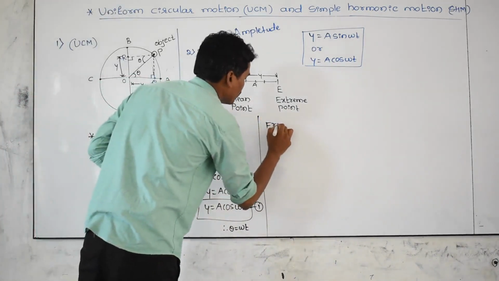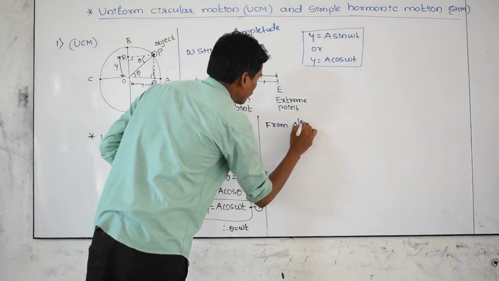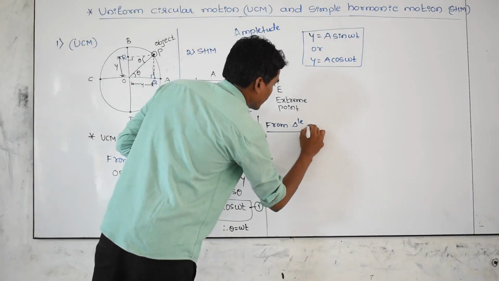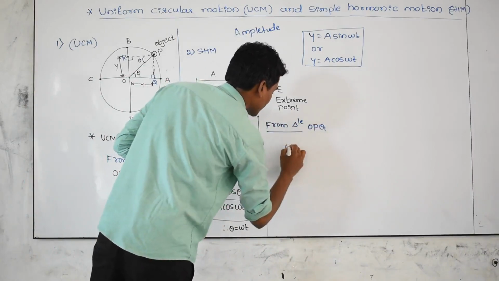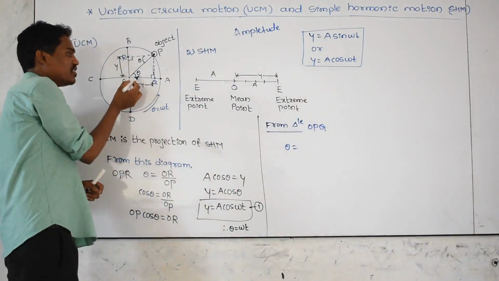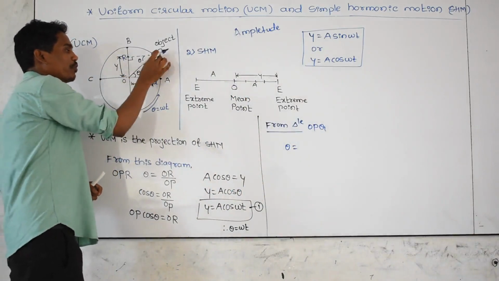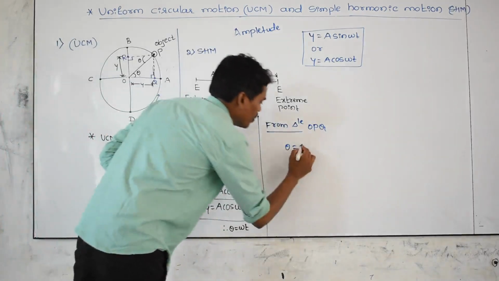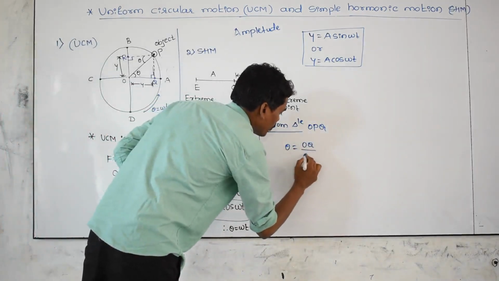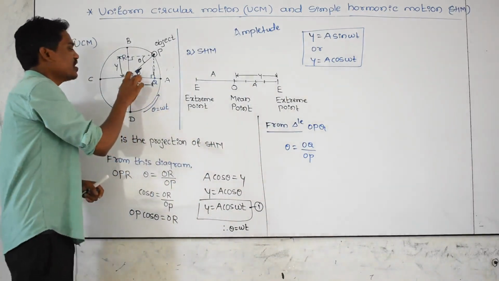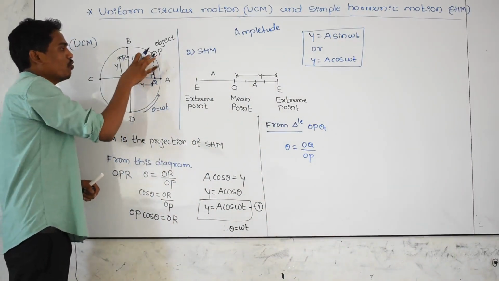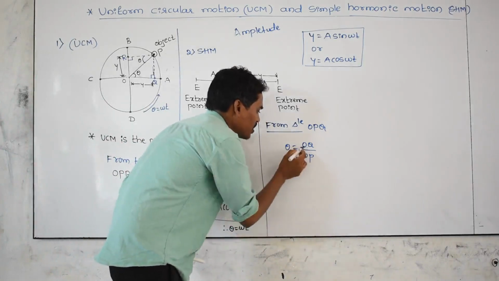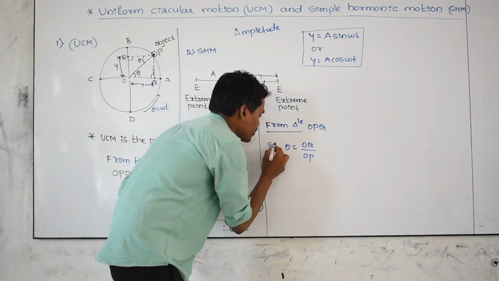From triangle OPQ, which theta am I taking? This theta. Theta is equal to OQ divided by OP. With this theta, OQ is opposite and OP is the hypotenuse, so opposite by hypotenuse is the sine function.